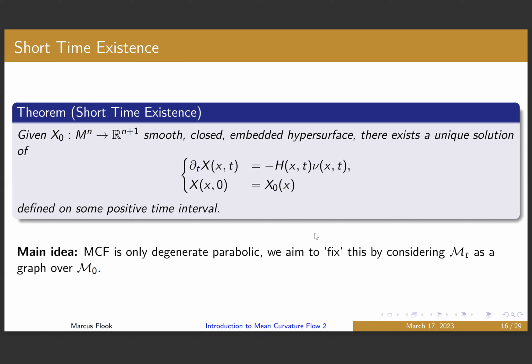So we aim to fix this degeneracy in some sense by passing to a height function over the initial embedding. So that's the main philosophy of what we're going to be doing. We then have to do a fair few computations to make sure that we can show that it is indeed strictly parabolic, but this is the main guiding idea that we have. I should point out as well that this proof mainly came from, I believe, Huisken and Polden as well.